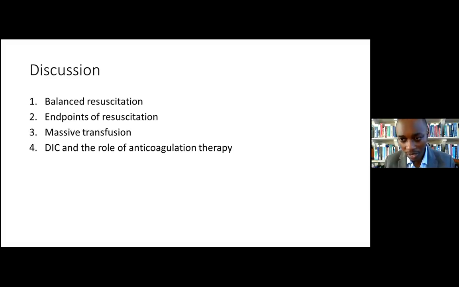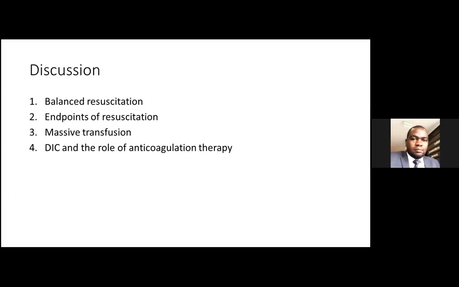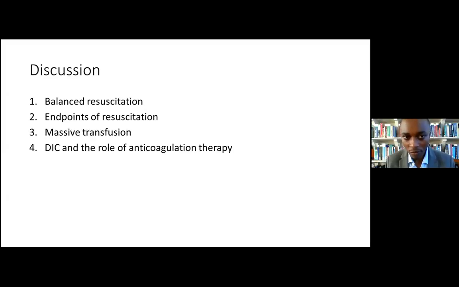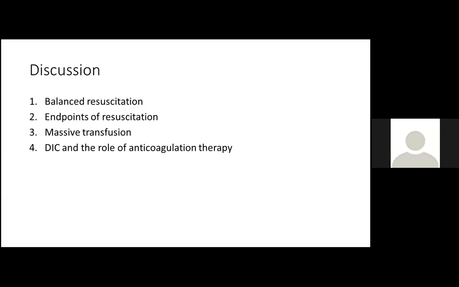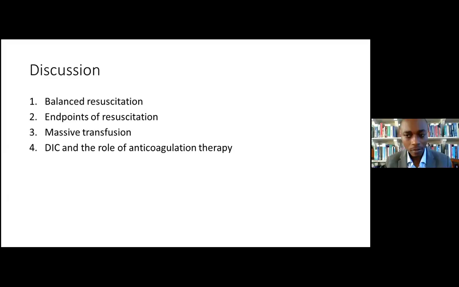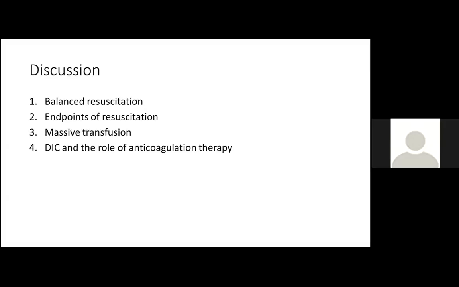But further to that, how do you explain administration of crystalloids under this concept of balanced resuscitation? Okay. So initially we give 2 liters of crystalloid and monitor the response. But for class 3 and class 4 hemorrhagic shock, we quickly transition to giving blood and blood products.